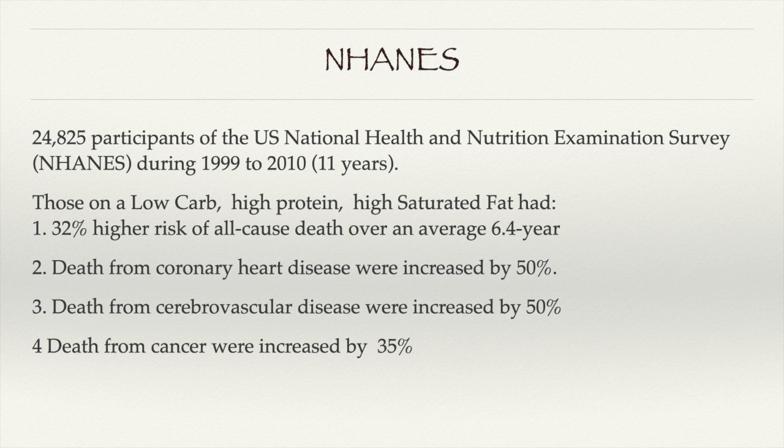They found that those on the low carb, high protein, high saturated fat diet, sometimes called the Atkins diet or the ketogenic diet, had a 32% higher risk of all-cause death over an average of 6.4 years of the study. Deaths from coronary disease were increased by 50%. Death from cardiovascular disease was increased by 50%, and death from cancer was increased by 35%.